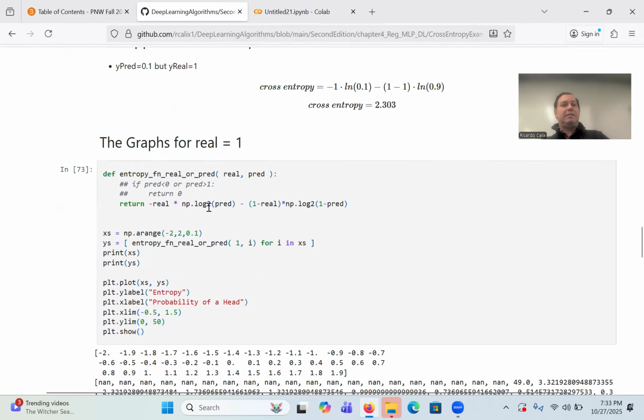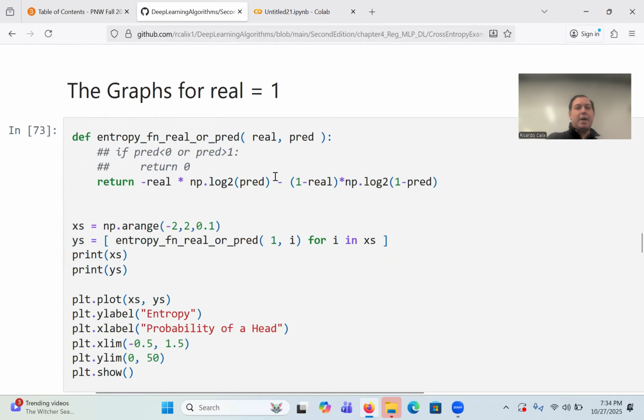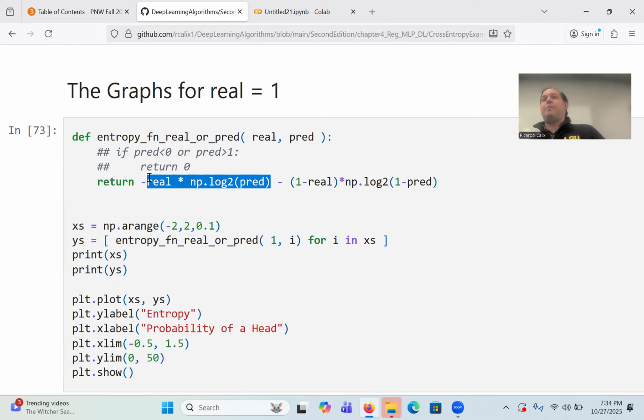Okay, I'm going to plot this information. Notice that essentially what happens in a binary case where we have 0 or 1 is that one term goes away, right? So if the real is 0, what's going to happen to this term? If real is 0, what happens to that term? 0.